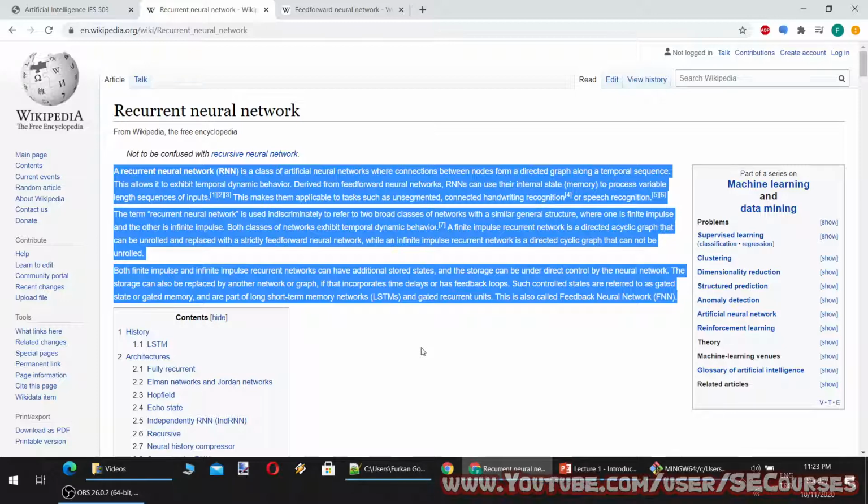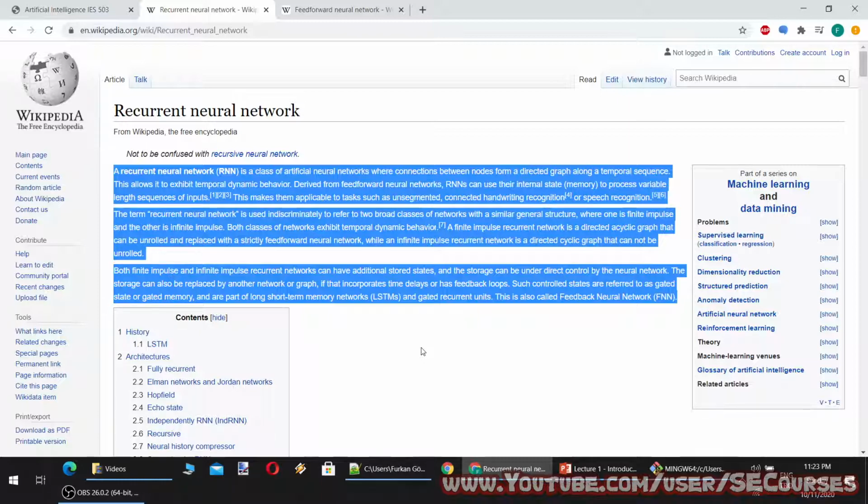This makes them applicable to tasks such as unsegmented, connected handwriting recognition or speech recognition. The term recurrent neural network is used indiscriminately to refer to two broad classes of networks with a similar general structure, where one is finite impulse and the other is infinite impulse. Both classes of networks exhibit temporal dynamic behavior.